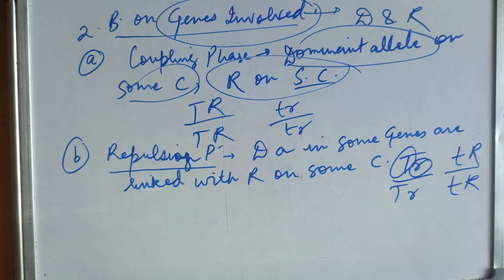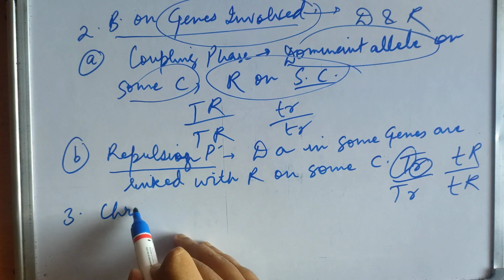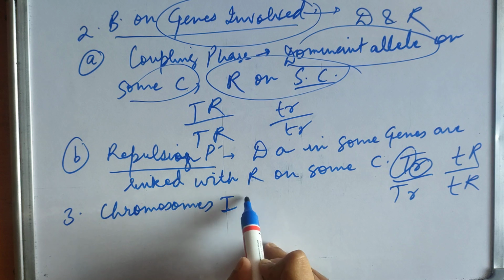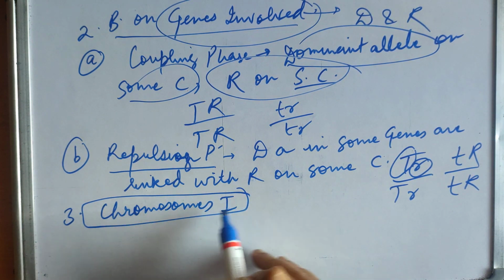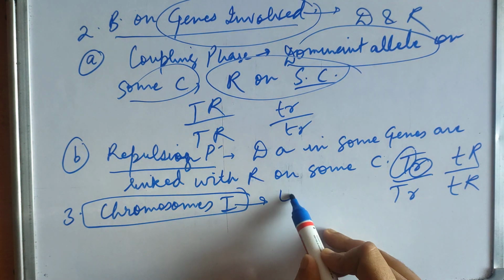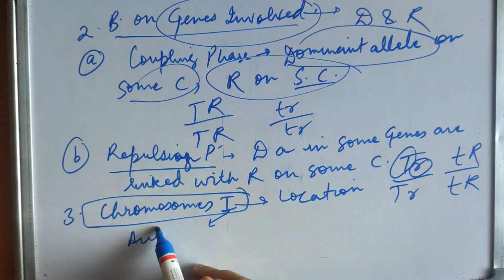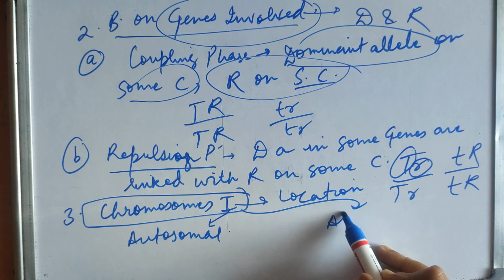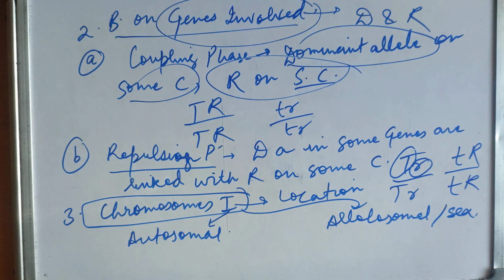Now moving on, the third type is based on chromosomes involved. Here we mainly see the location of genes, and it is of two types: autosomal linkage and allosomal or sex linkage.